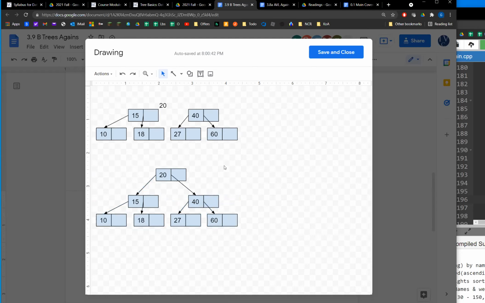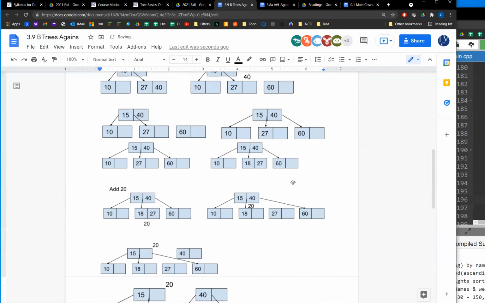The question was, how did I know not to add 20 to the root node? So remember, when we're adding data, we start at the root and navigate down to a leaf. Once we identify the leaf, we fill data into the leaf. If the leaf does not have space, the leaf node splits.